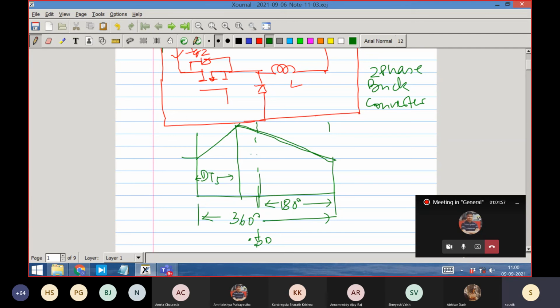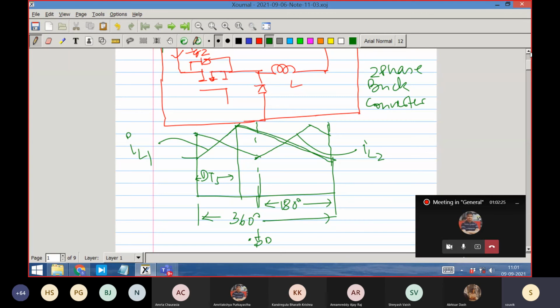The other one does the same identical thing, but phase shifted by 180 degree. So each has a current waveform like this. This is IL1 and this is IL2.